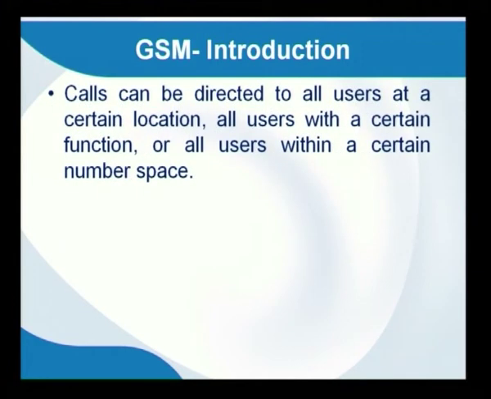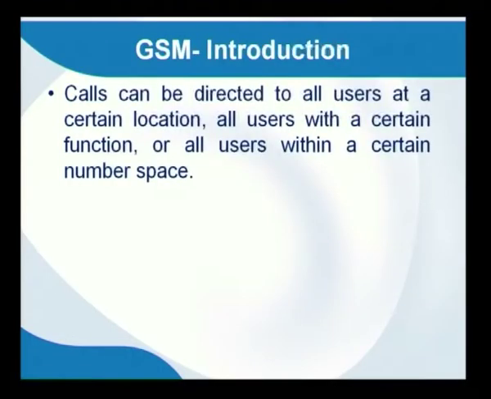The calls can be directed to all users at a certain location. For example, all the drivers driving trains in a particular location will receive the emergency information within the same period of time, and users with certain functions can also be notified.